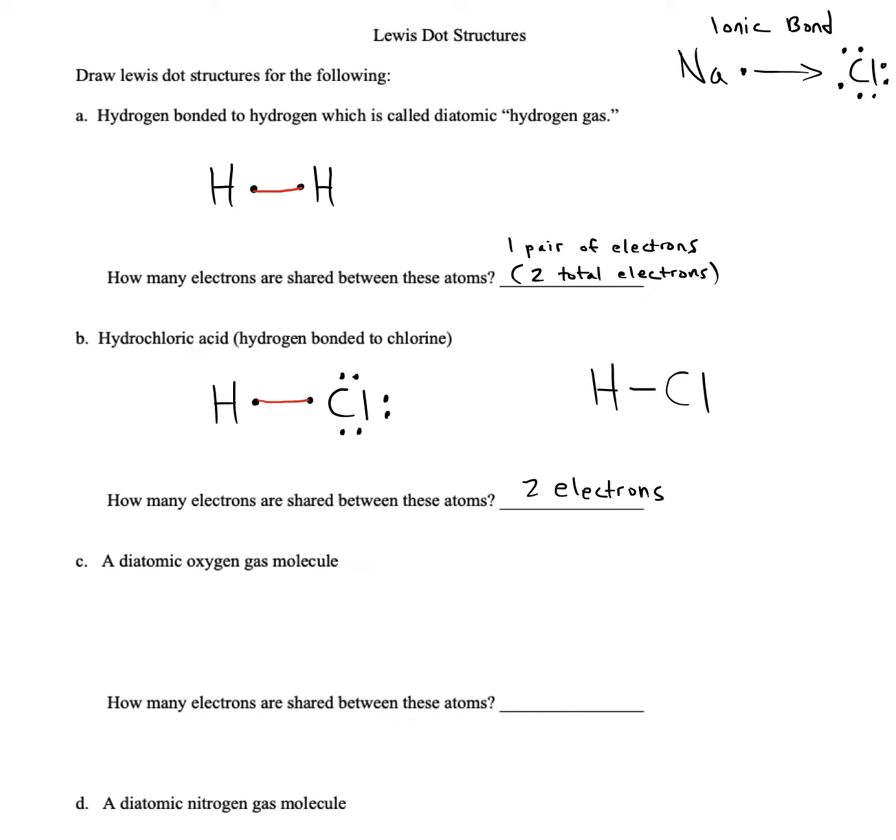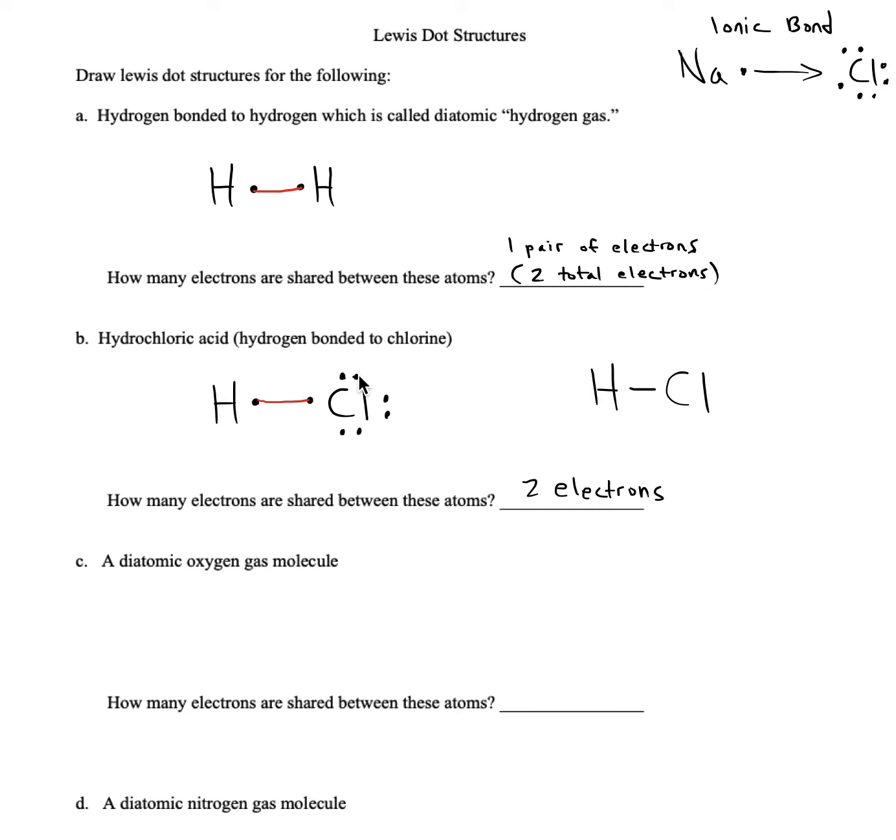Now, for any nonmetallic atom that's bigger than hydrogen and helium, we want to make sure they follow what's called the octet rule. And that's that every element wants to have a complete shell of 8 when they're bonded. So we can count up the electrons that chlorine is in contact with.